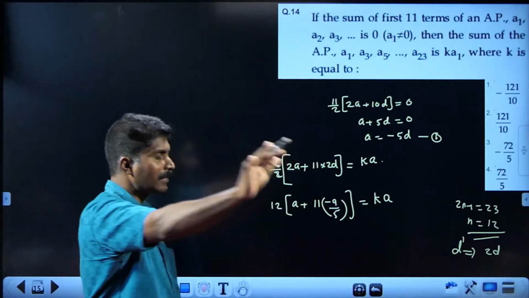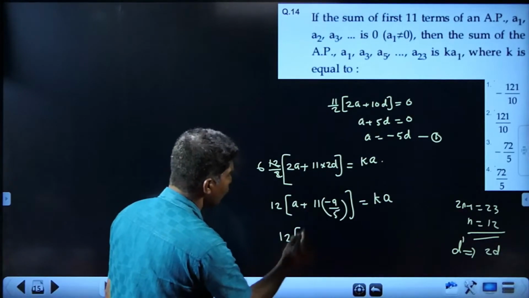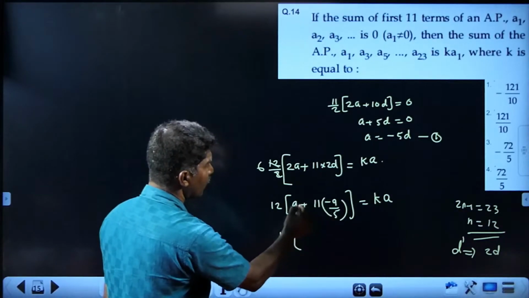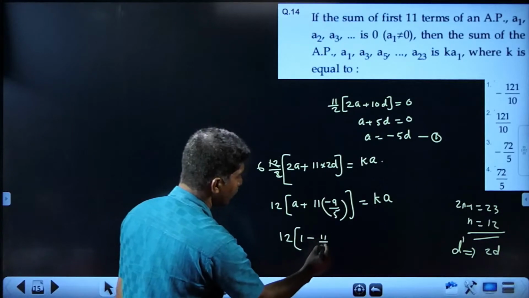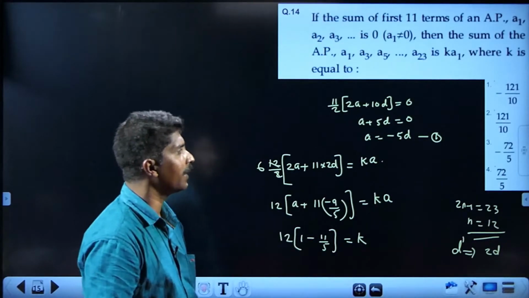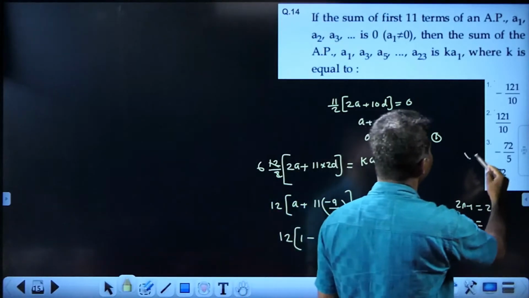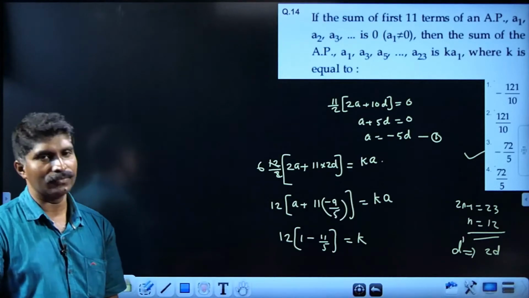A is cancelled. So you will be getting 12 into 1 minus 11 divided by 5, that is equal to k. On simplifying, you will be getting the value of k as negative 72 by 5.